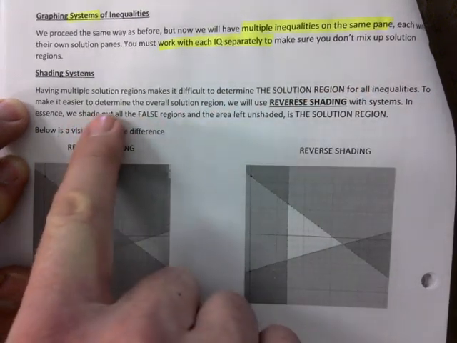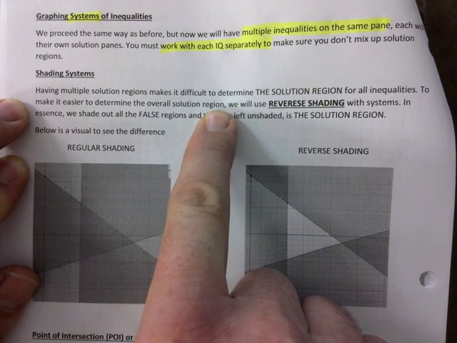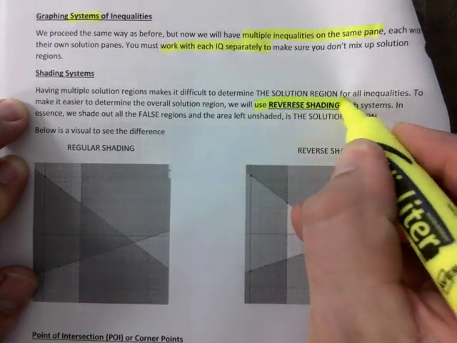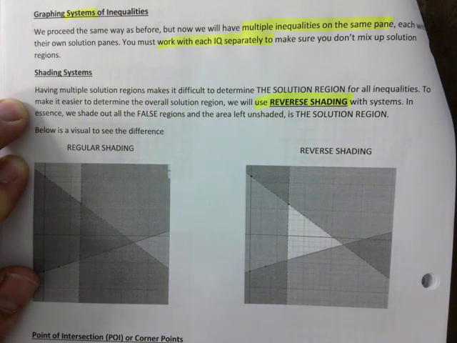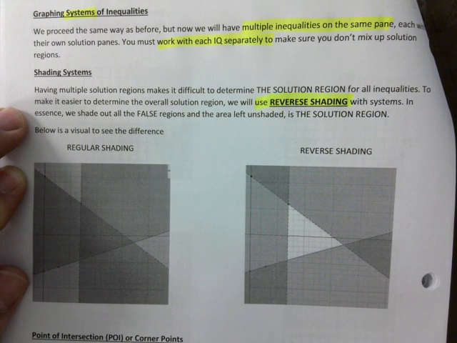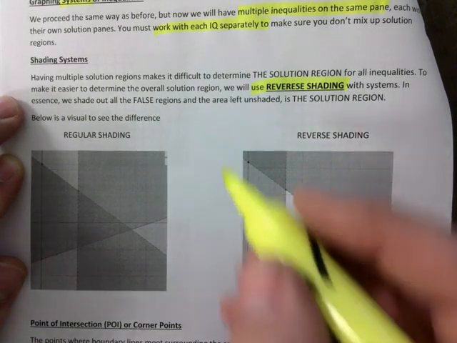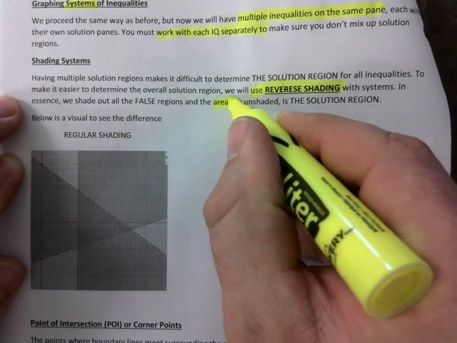To make it easier to determine the overall solution region, we use reverse shading here more than ever. In essence, we shade out all the false regions, and the area left unshaded is the solution region. Here it is.